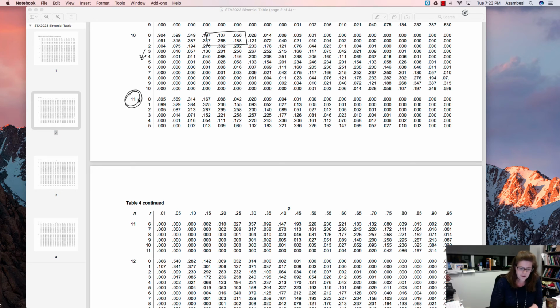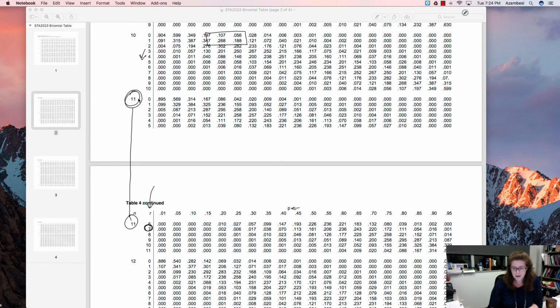Now the next thing you find is this column called R. Look, 11 is actually split on both pages. The column called R is your number of successes. So I'm looking for 7 successes in 11 trials, so I'm in this particular row. And the last part is to find your probability, your p-value.